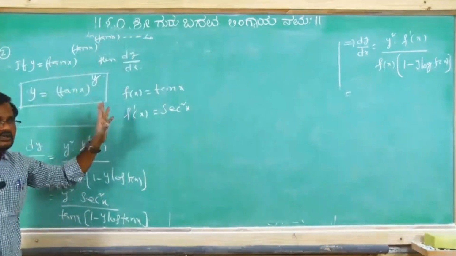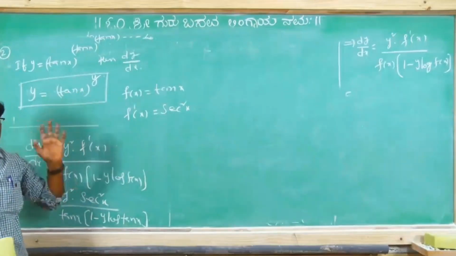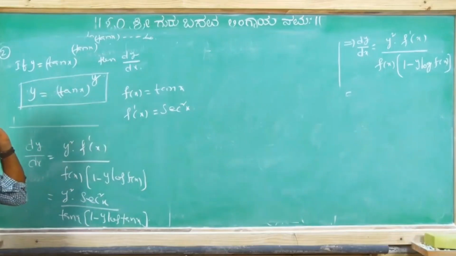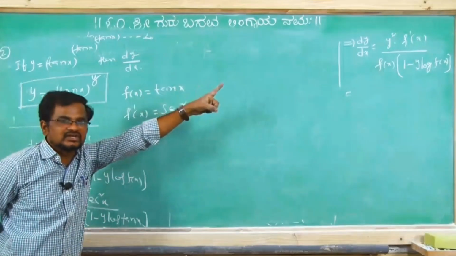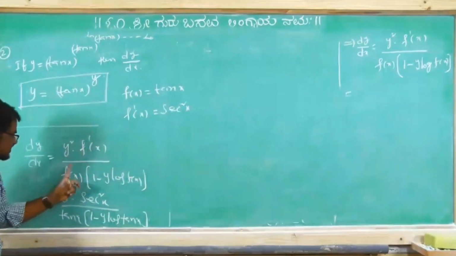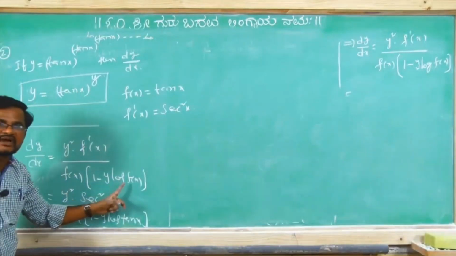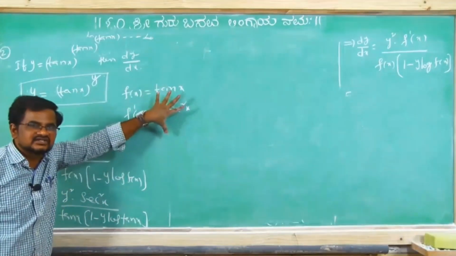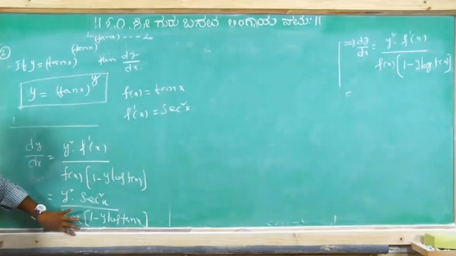Then what are they asking? dy by dx. For that, in the entrance part, what did you take? Directly that condition: y square into f dash x by f of x into 1 minus y log of f of x. f of x is tan x, f dash x is secant square x. All these you substitute here.